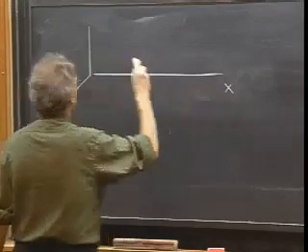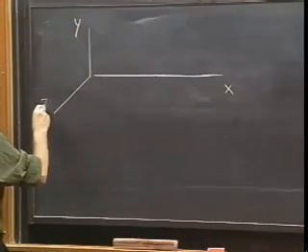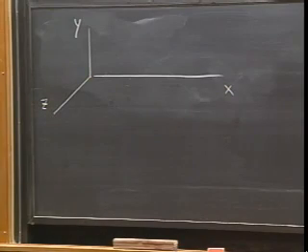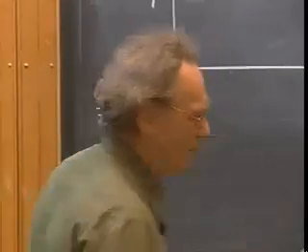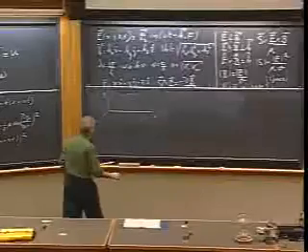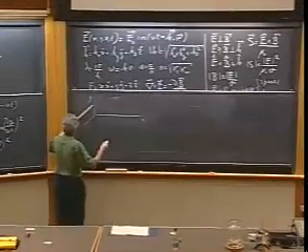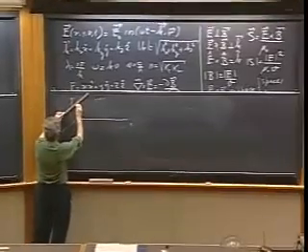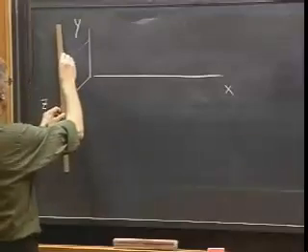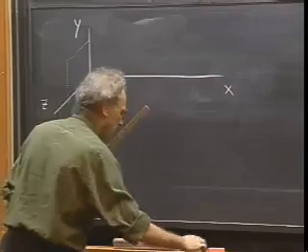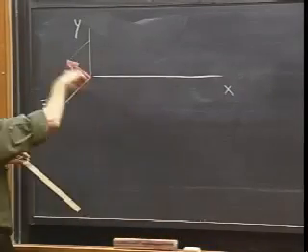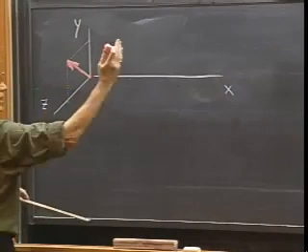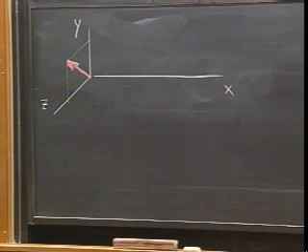I will call this X, call this Y, and call this Z. Suppose we have linearly polarized radiation, but I'll make it a little bit more difficult than normal. I will linearly polarize it in the YZ plane. In other words, the E vector would be like this, oscillating back and forth in this plane perpendicular to k.